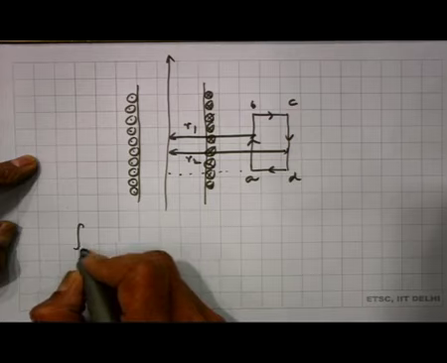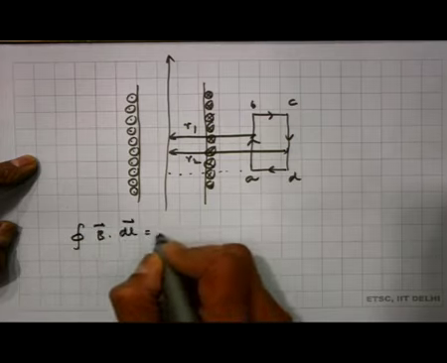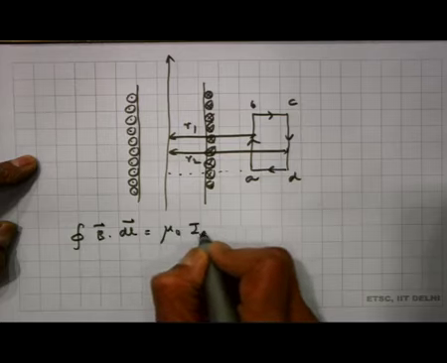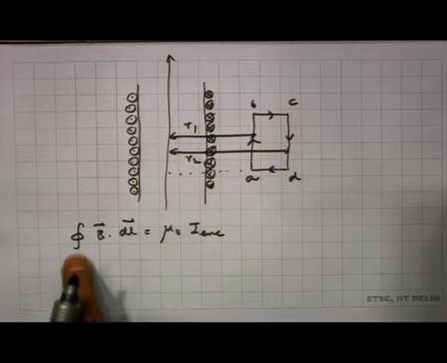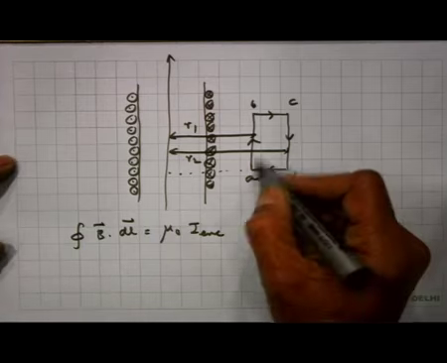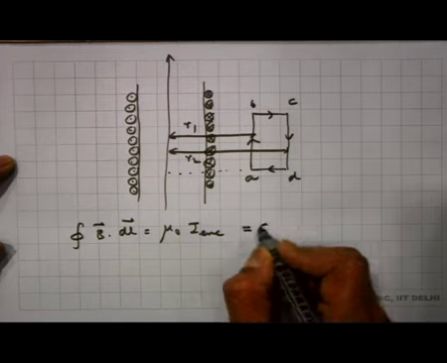So, according to Ampere's law, integral B dot dl is equal to mu naught I enclosed. So, if I take an Amperian loop and integrate over that closed loop, then integral B dot dl must be equal to mu naught I enclosed. For this loop ABCD, current enclosed is 0. So, this must be equal to 0.